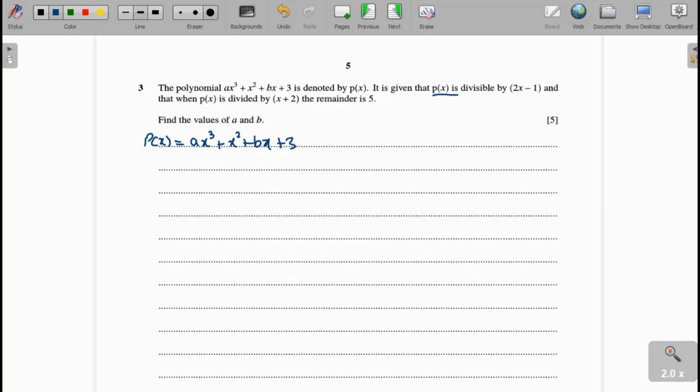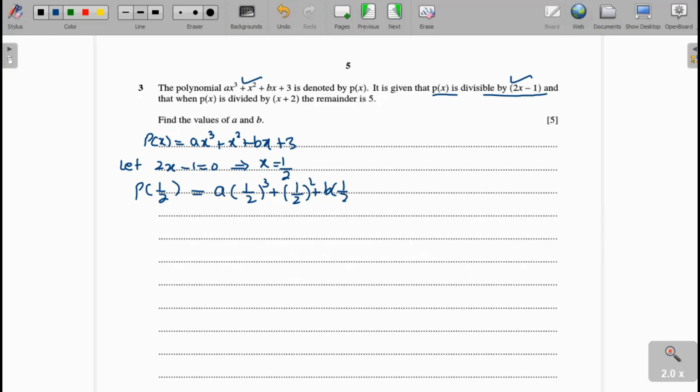Now that p of x is divisible by 2x minus 1, let us suppose that 2x minus 1 equals 0. It means x equals 1 over 2. Now this polynomial is divisible by this. Now we can write p of 1 over 2 will be equal to a times 1 over 2 to the power 3 plus 1 over 2 whole squared plus b into 1 over 2.